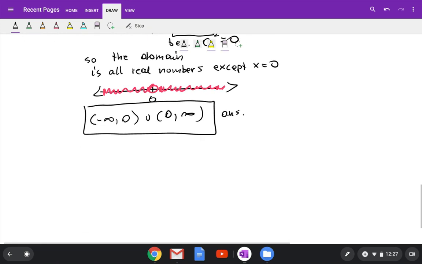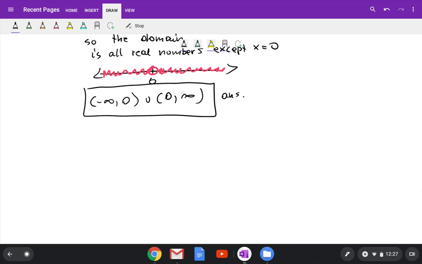Okay, so let's do more. This is number 40 from the same page. You have to find the domain of function g of x equal ln of x minus 1. So I gave you the hint.